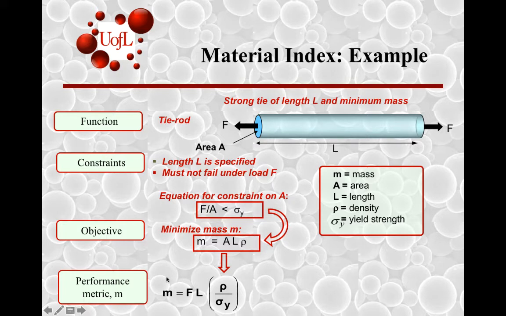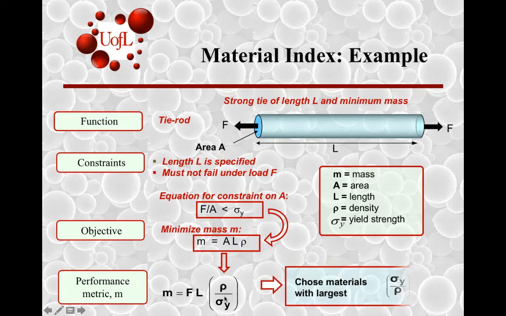Okay. To minimize mass, you have to minimize this particular term or maximize its reciprocal, which is the strength per density ratio.